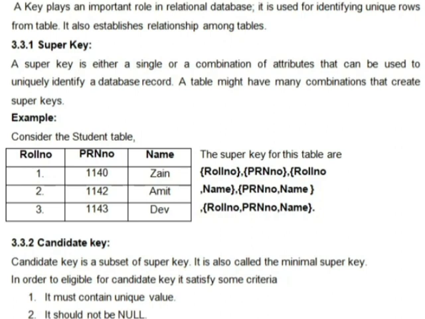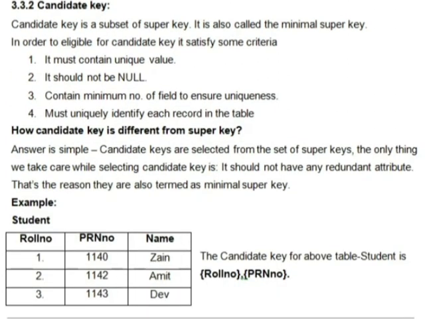Once the super key is identified, then we pick the candidate key. Now, what is candidate key? A candidate key is a subset of super key. It is also called minimal super key.